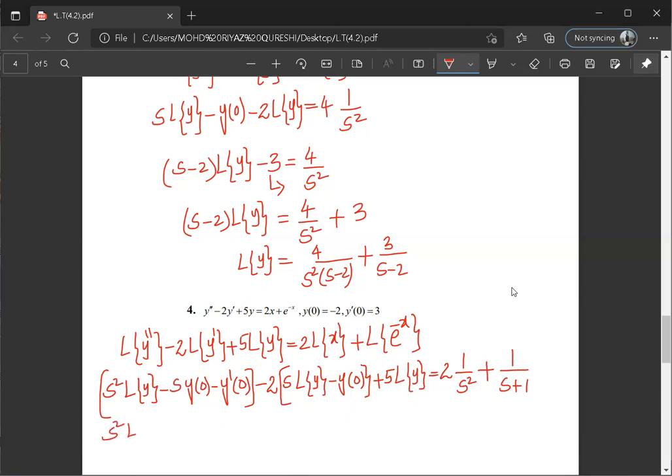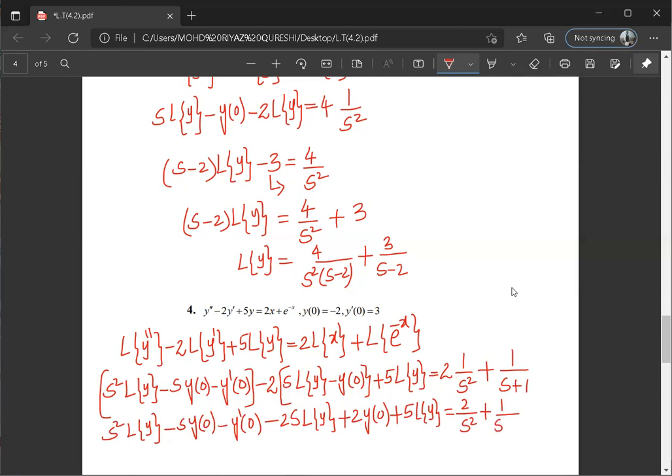S square L of y minus s into y of 0 minus y dash of 0, minus 2s L of y minus into minus plus 2 times of y of 0, plus 5 times of L of y is equals to 2 over s square plus 1 over s plus 1.